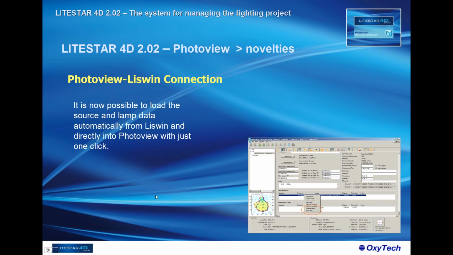The Liswin window will be open, you select the lamp, you confirm the selection, and all data will be transferred automatically to the Photoview. And from here, you can save the photometry into the available formats, like for example, you can start from a ulum.dat and save to an IES, save to a TM14, LTLI, CN 102, etc.